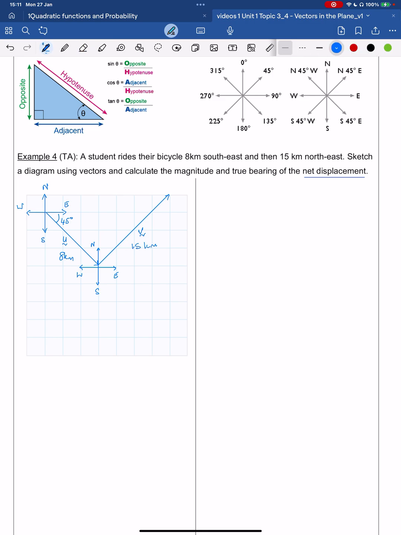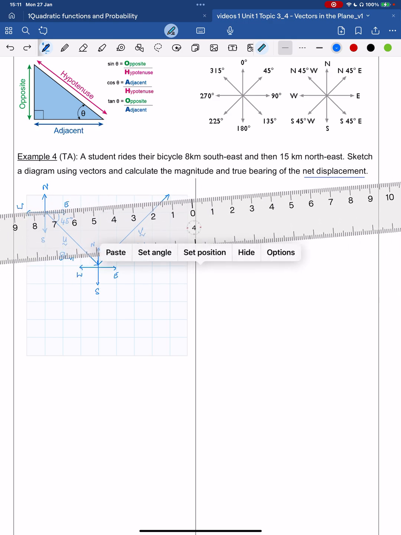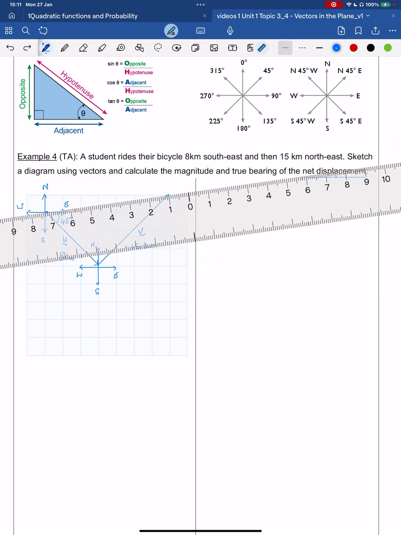And our resultant displacement, or our net displacement, our resultant vector, is how to, oh, hang on, that didn't go very straight. Sometimes this thing doesn't let me do straight things like that. Let's rather use the ruler. Okay, our resultant vector goes from our start to our end.